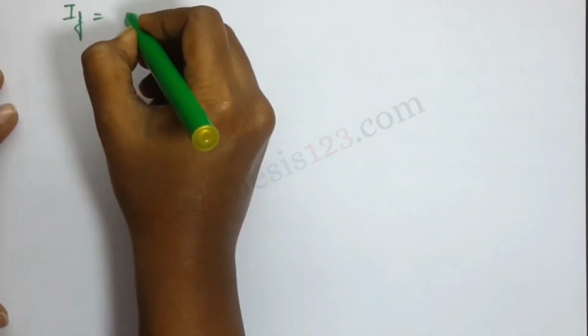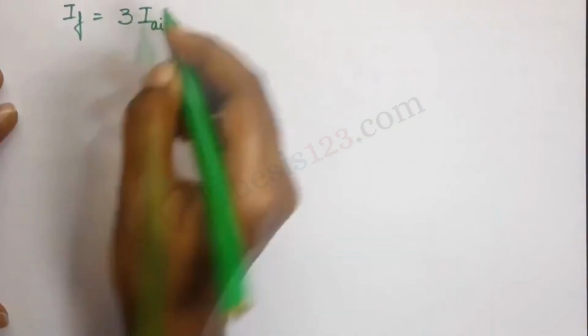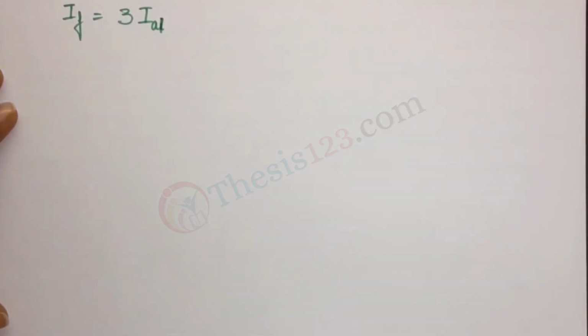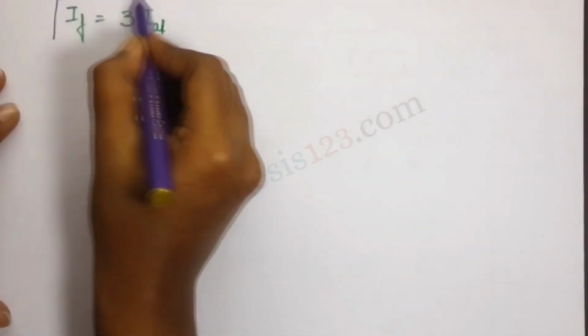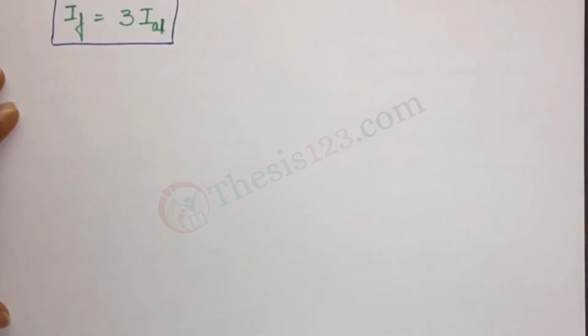Because we have three sequences given to us, the positive, negative and zero sequences, the fault current can be found by multiplying 3 times the current that goes through the entire circuit, IA1, 3 times IA1. This is a very useful formula to remember. For a line to ground fault, IF is equal to 3 IA1.